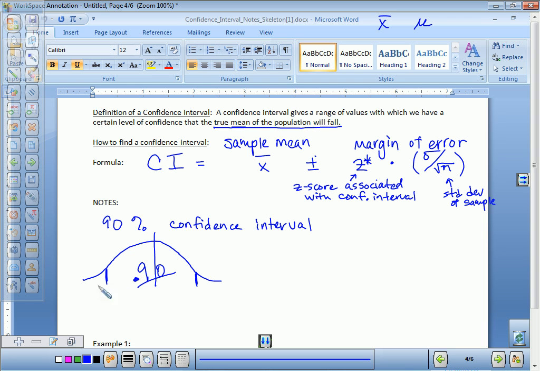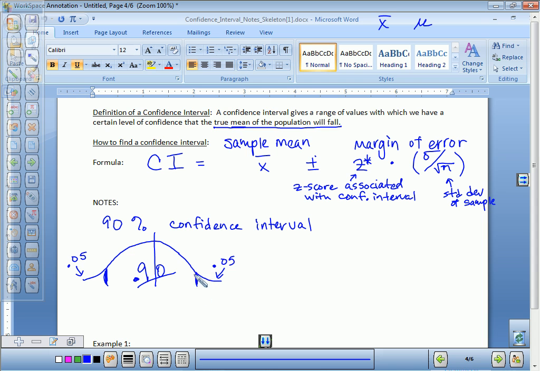Now, that gives us this middle part from here to here. So what does it leave in our tails? Yeah, 5% on this end and 5% on that end, because it leaves 10%, and 10 divided by 2 is 5. It leaves 5%, or 0.05, over here, and 5% over here.